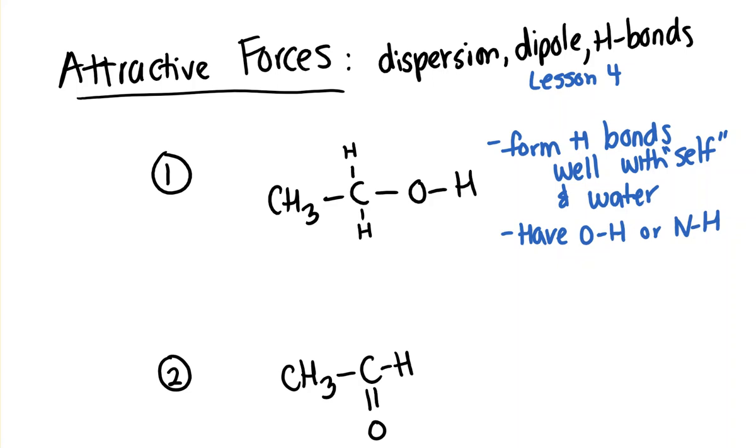So you look in the molecule for O to H. On this alcohol, a lot of times we write the OH together and we don't show that bond, but there really is a bond in there, as I've drawn right here.